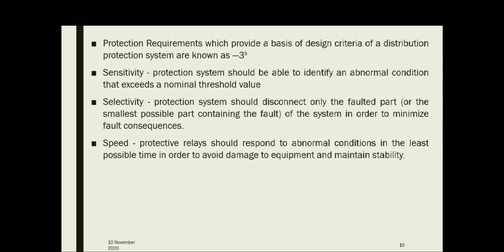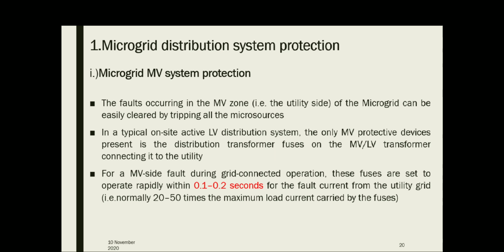Selectivity: the protection system should disconnect only the faulted part of the system in order to minimize the fault consequences. Speed: the protective relay should respond to an abnormal condition in the least possible time in order to avoid damage to the equipment and maintain stability.